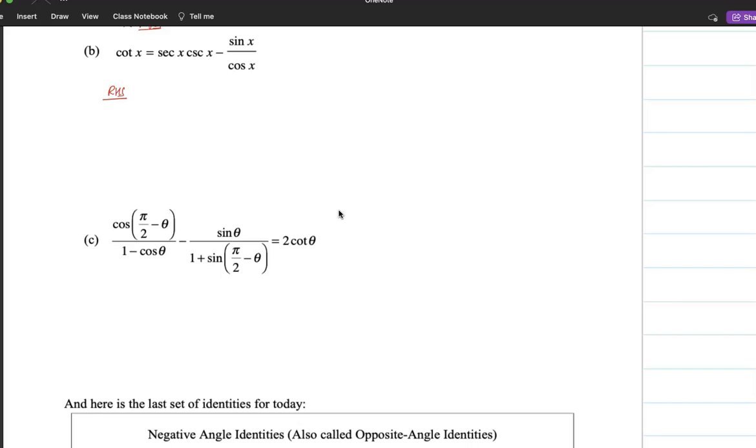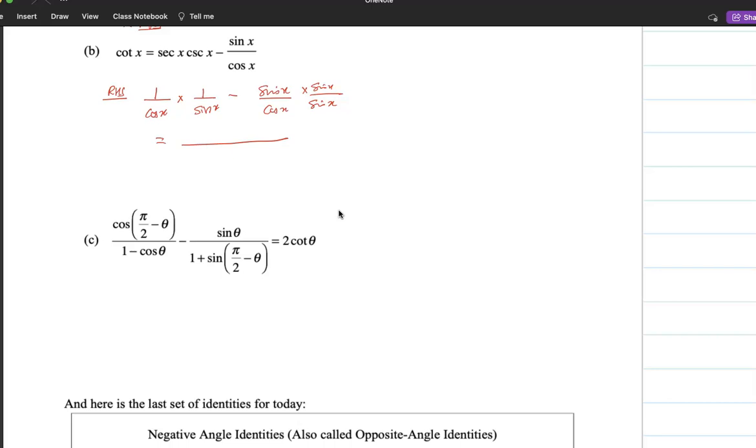So what's sec? Sec is 1 over cos x. Cosec is 1 over sine x. Minus sine x over cos x. Now take the LCM. You could take sine x cos x. You multiply the second term.